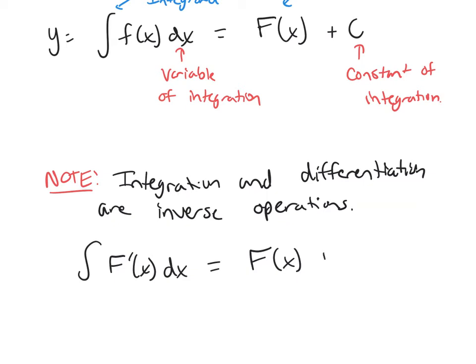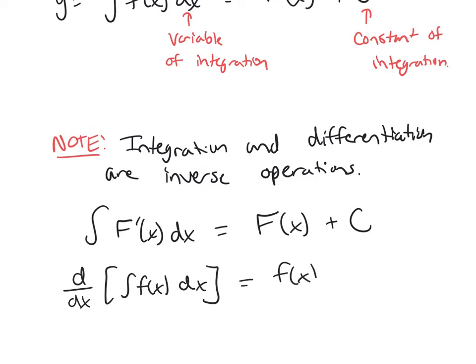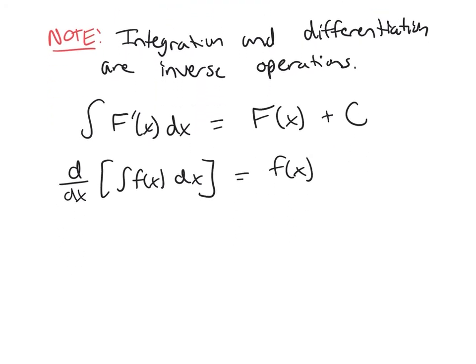But because it's an integral, we have to have our constant of integration there, so plus c. So essentially, the integral kind of undoes the derivative there. And then if I flip it, if I take a derivative of an integral, I just get back f of x now. So they truly are inverses of each other. They kind of undo each other.